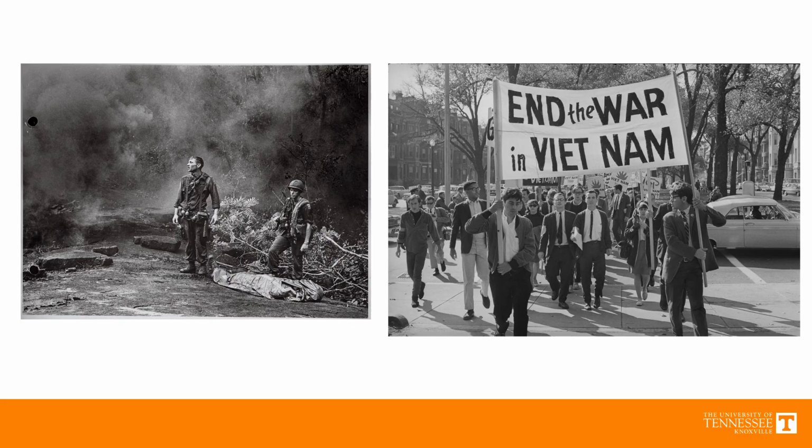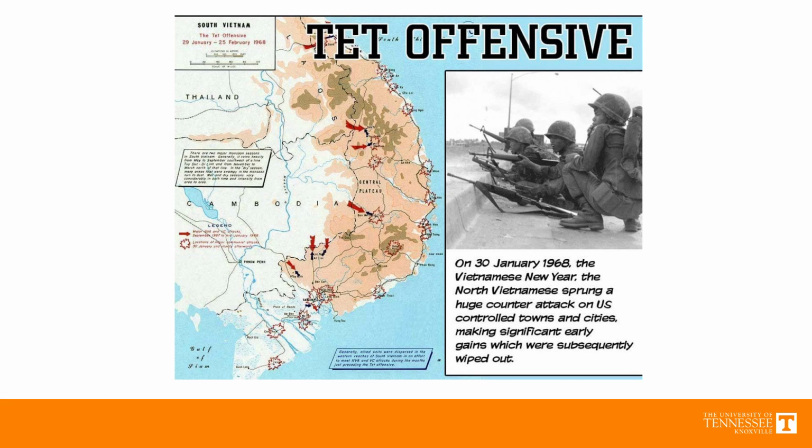Now, war is always more popular when it's successful. And so people were kind of ambivalent. They didn't know how to feel about the Vietnam War until the Tet Offensive. Tet is the Vietnamese New Year, sort of a Lunar New Year.